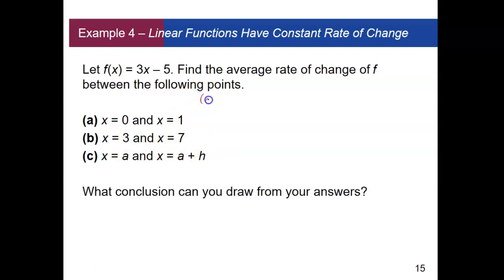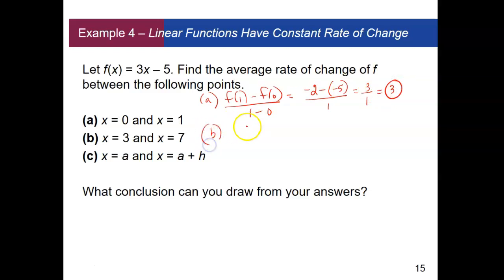So for the first part, I'm going to find f of 1 minus f of 0 divided by 1 minus 0. So f of 1, if I plug 1 in here, I'm going to have 3 minus 5, which is negative 2. If I plug 0 in, I'm going to have negative 5. So this is going to be 3 over 1, or 3.